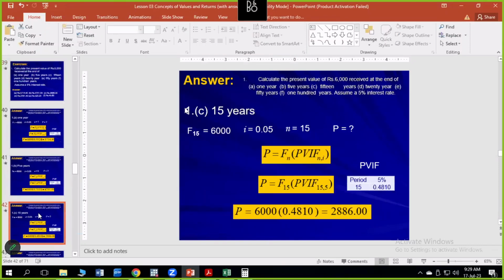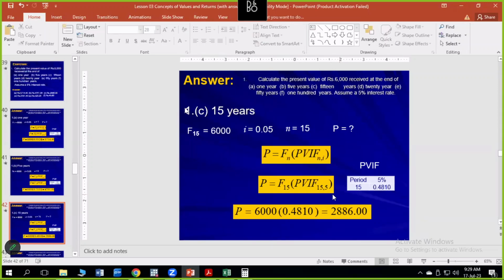Then the third question, 15 years. Third question, 15 years. So you define the F15 and N value 15.